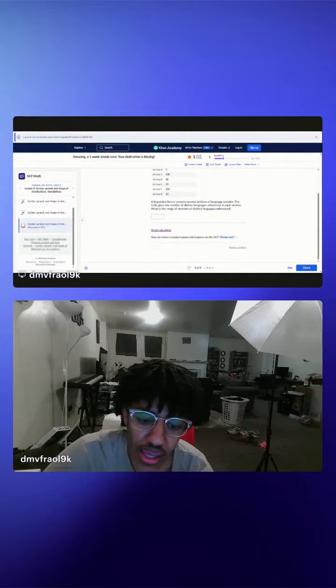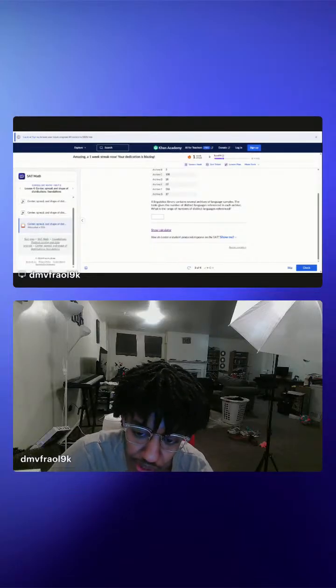Let me read it again. A linguistics library contains several archives of language samples. The table gives the number of distinct languages referenced in each archive.